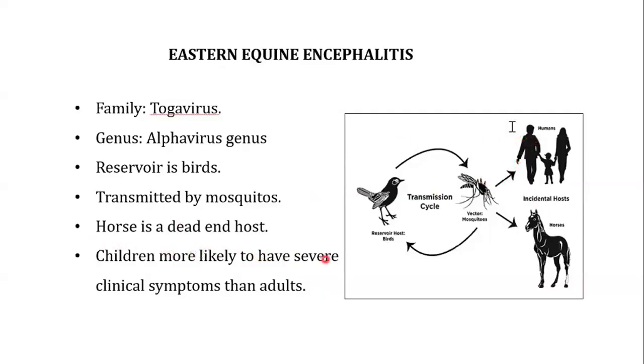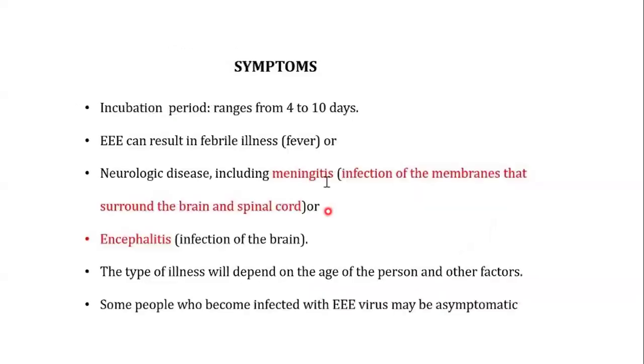Children are more likely to have severe clinical symptoms than adults because they are more immunocompromised. The incubation period is 4 to 10 days. Eastern equine encephalitis can result in febrile illness, so this is fever, or a neurological disease. Neurological disease is due to meningitis, inflammation of the meninges, or encephalitis, inflammation of the brain parenchyma.